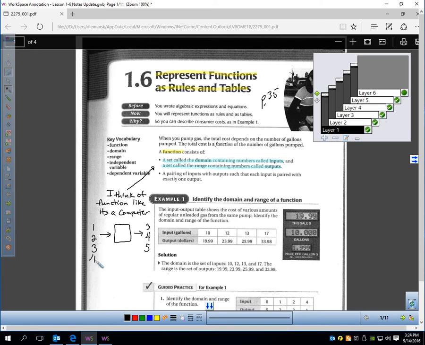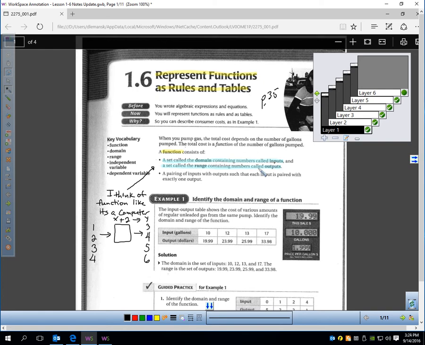I'll input 4, and the function outputted 6. You can probably look right now and say, I know what the function's doing. I'm taking x, I'm adding 2, and it's giving me the output y. That's what a function does.